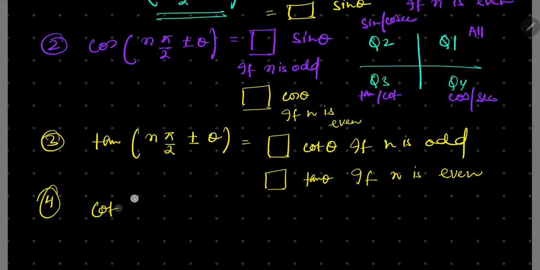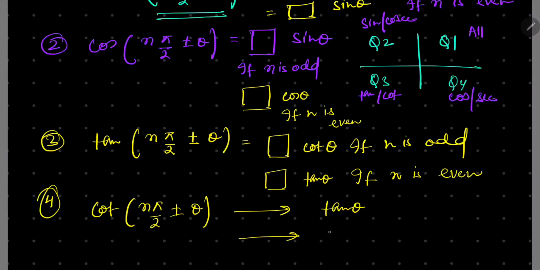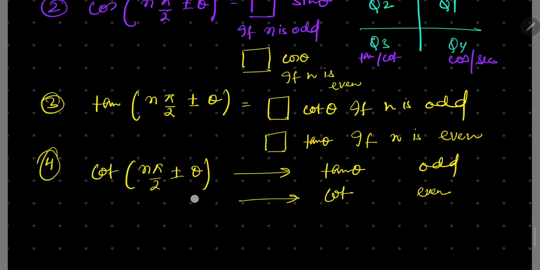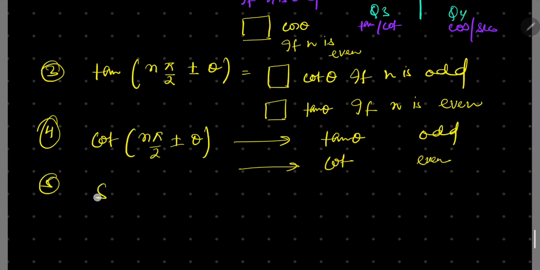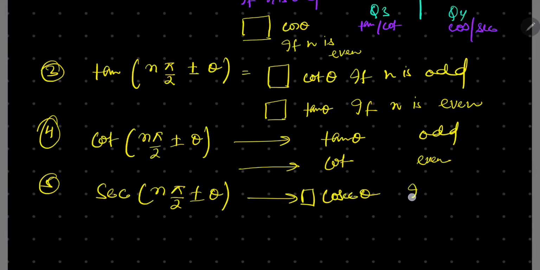cot of n pi by 2 plus minus theta. This will be converted to tan if odd, and cot remains if even. Okay, and similarly we have sec of n pi by 2 plus minus theta, which gives cosec theta with a sign if odd, and remains the same, sec theta, if even, and sign accordingly.